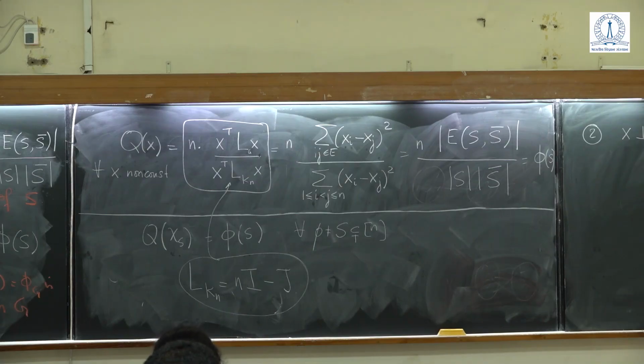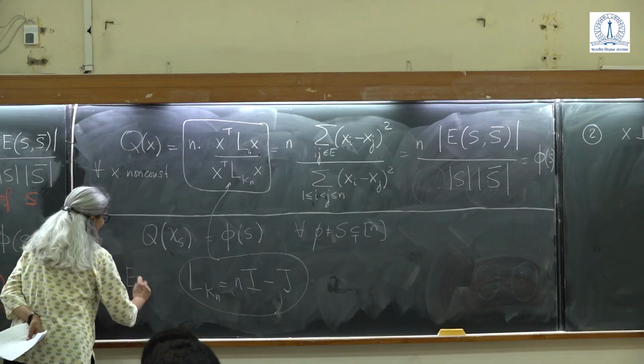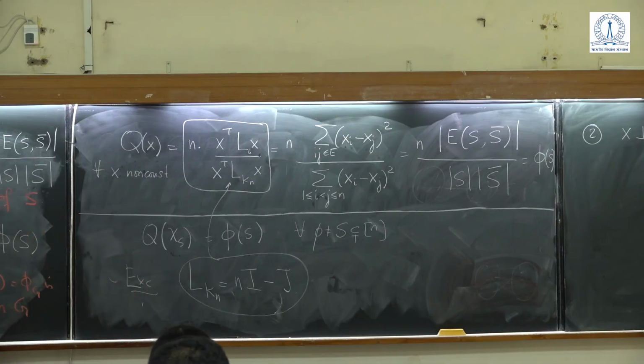And you have to use that 1 is in the null space of L. You can talk to your neighbors, it's totally okay. There's no checking. So you want us to prove that? Yes, let's prove that piece.